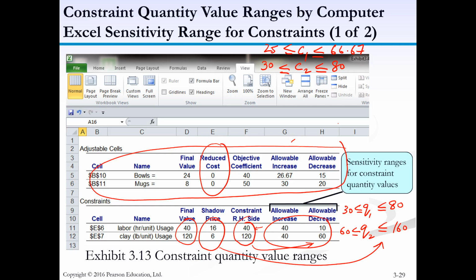At the moment, both products, bowls and mugs, are in the solution mix. So how much profit should we increase? It is 0, because they are already in the solution mix. If any of them is not in the solution mix, then we will get a reduced cost, and this reduced cost will be negative for a maximization problem and positive for a minimization problem.